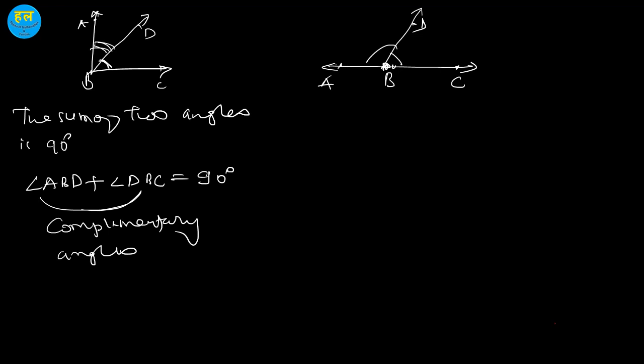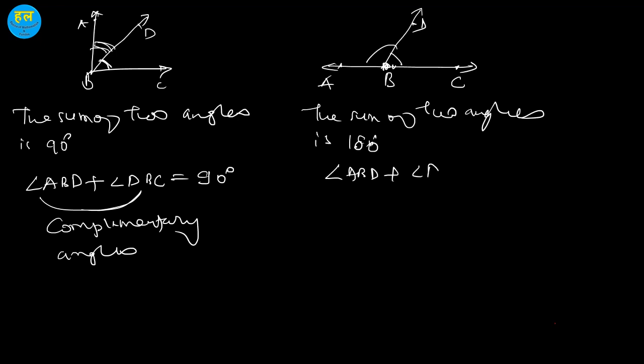So when the sum of two angles is 180 degree, that means angle ABD plus angle DBC is equal to 180 degree, then these angles are called supplementary angles.